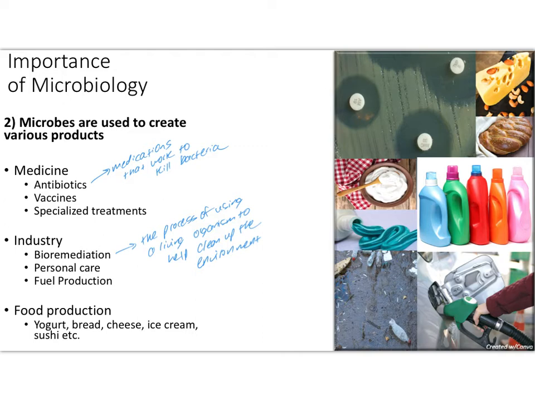Researchers have recently figured out how to use certain microbes to help break down those microplastics. That's not being used on a wide scale as of yet. However, the research is very promising, and hopefully we're going to see the use of those microbes to help clean up that aspect of the environment, because microplastics are very damaging in lots of different ways.